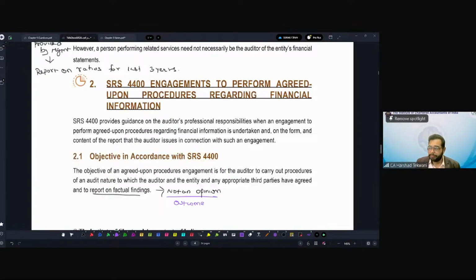Now, as I said, no assurance is involved, and I need to state that multiple times in my report also. At multiple places I have to specify that this is not an assurance engagement.